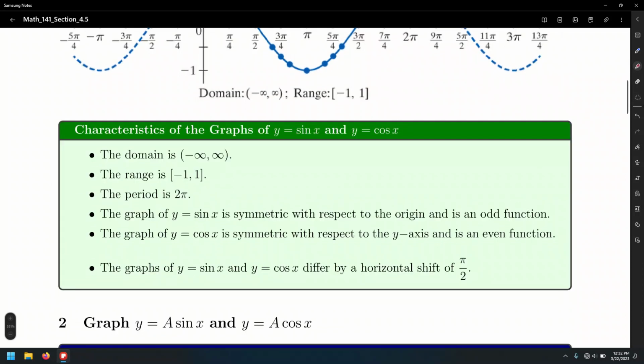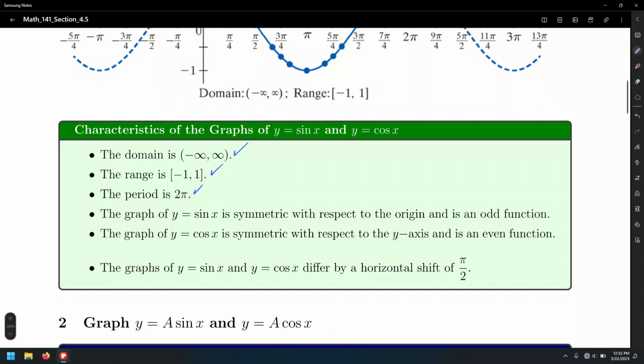So, okay. Characteristics of the graphs of sine and cosine. The domain, again, for both negative infinity to positive infinity. Okay, that's one. Let's put a check mark on that one. The range goes between negative 1 and 1. The period is 2 pi, that is, the shape of the graph repeats every 2 pi units.